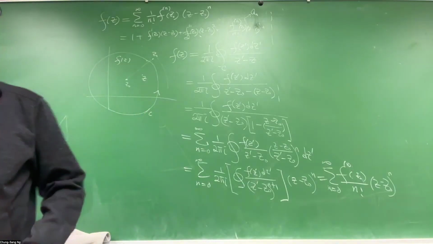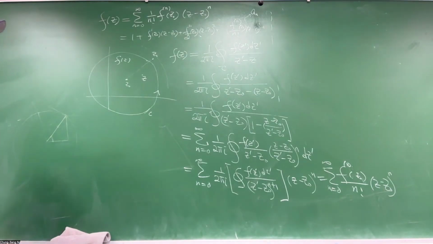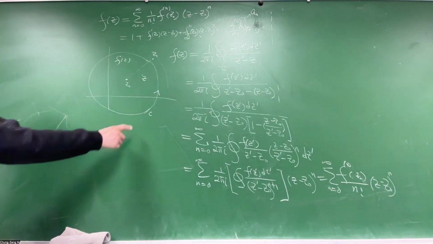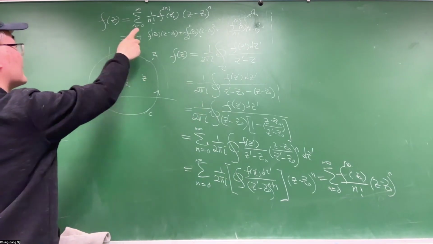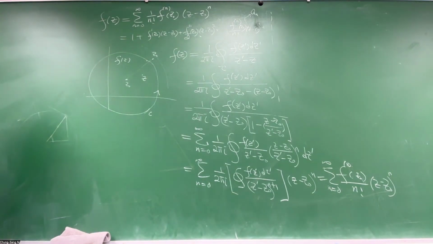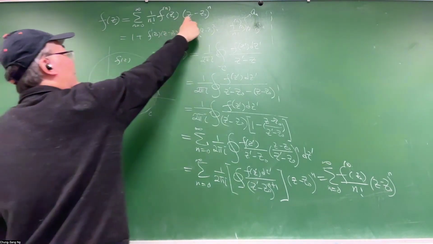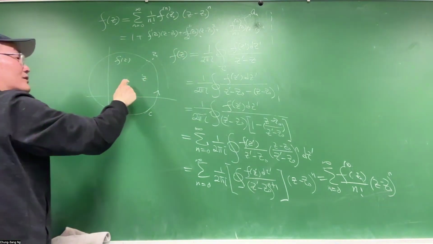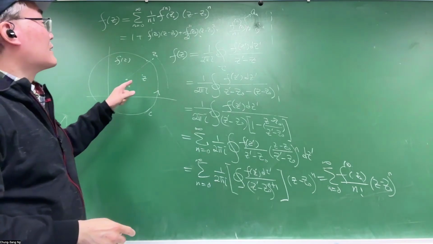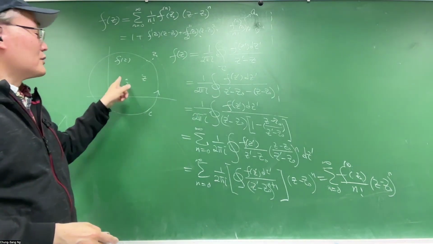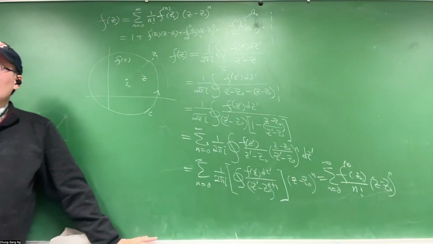That gives you the condition where a Taylor series is convergent: as long as z minus z₀ is still less than the distance from the closest singularity to the center of your expansion, then the series is fine.